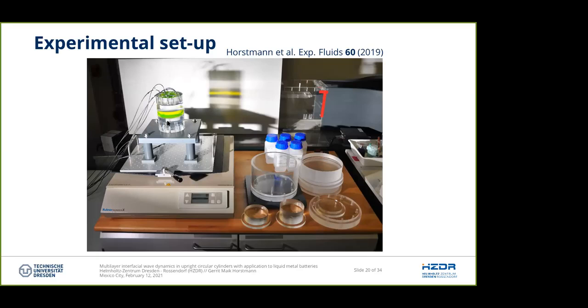And here I realized a three-layer stratification where I sandwiched colored water between two silicone oils, which just represents a simple hydrodynamic battery model. And I applied different cups and tanks to realize different aspect ratios.